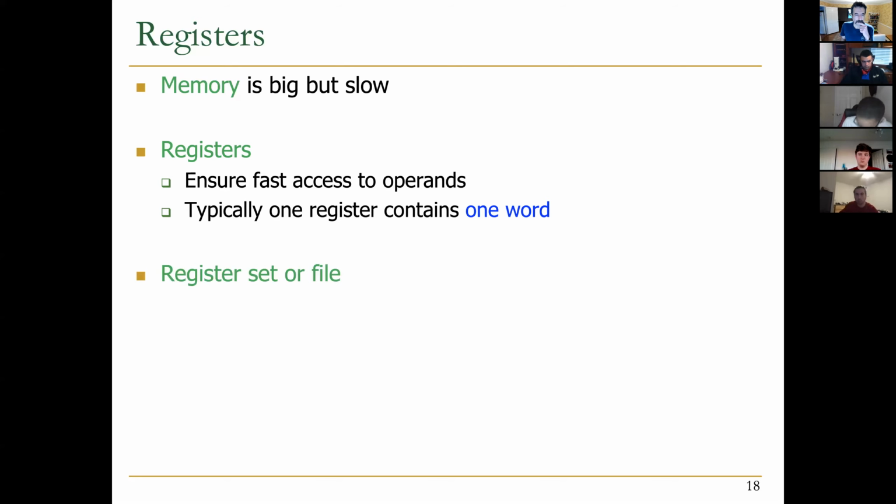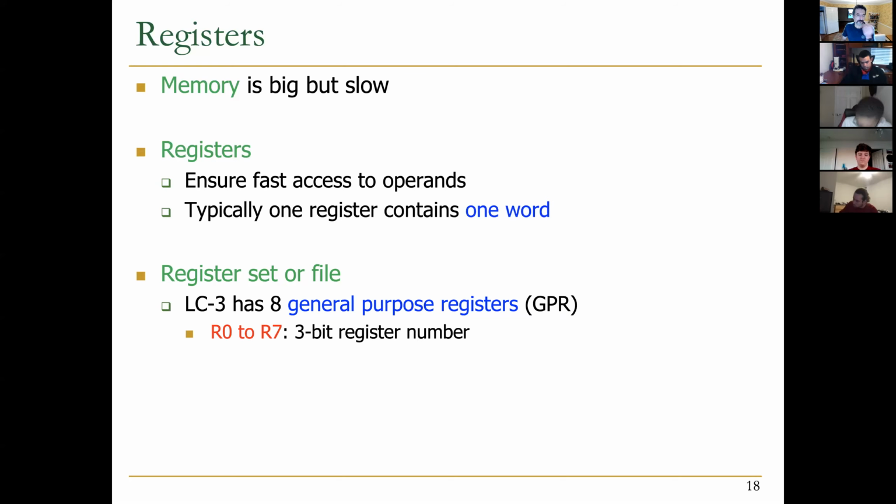And you have a particular register set or file. The LC-3 computer has 8 general purpose registers, which are called R0 to R7. With 3 bits, you can represent these 8 different registers, and each of these contains one word.